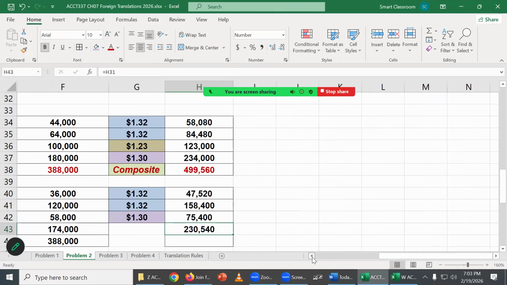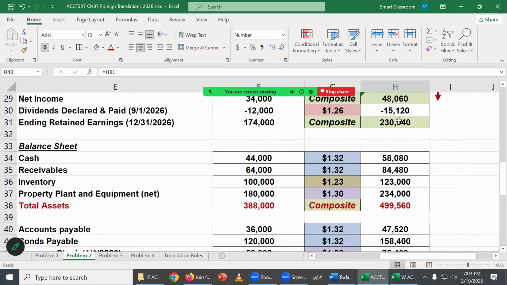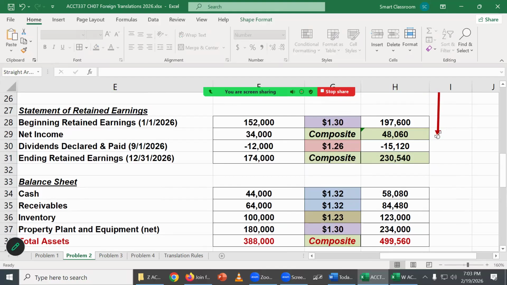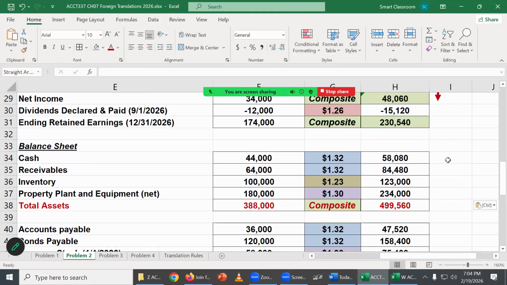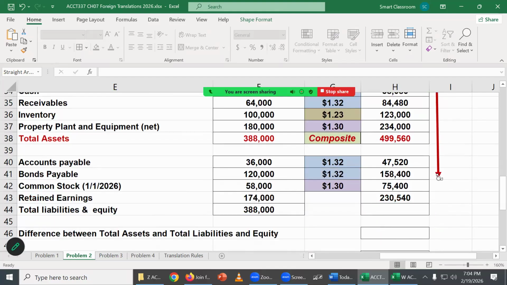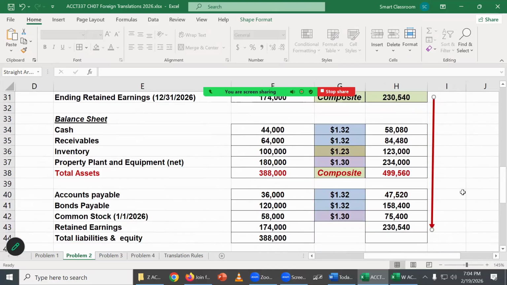All right, so common stock was 75,400 and retained earnings, and this is just from up here, will be 237,540. Copy that. That's the same as those.